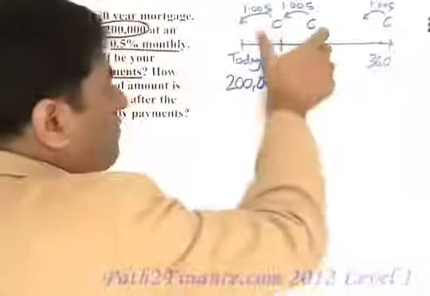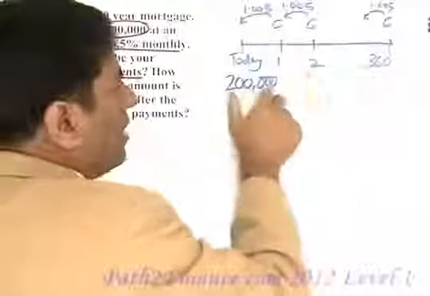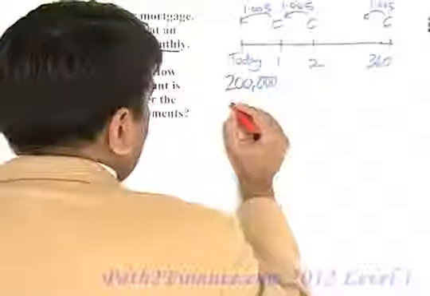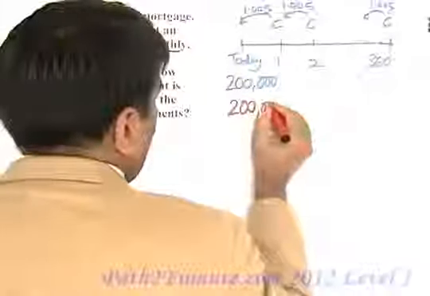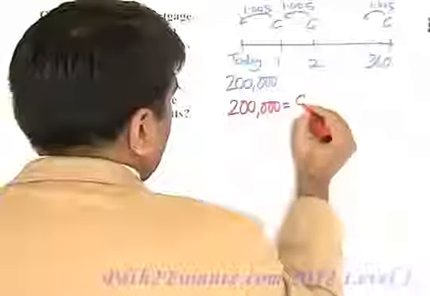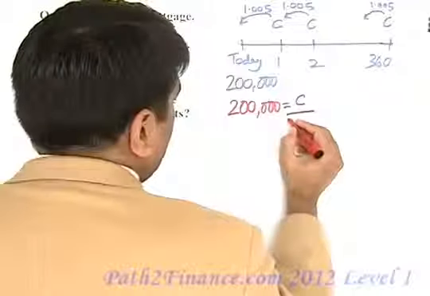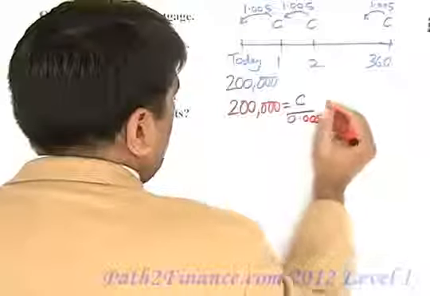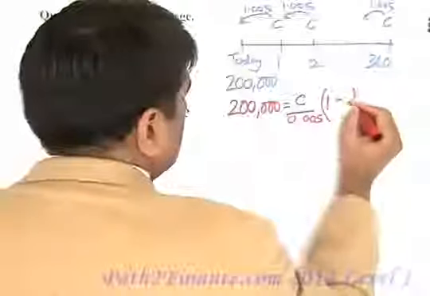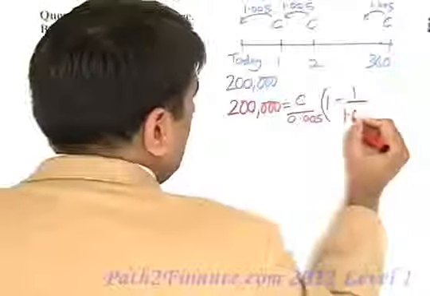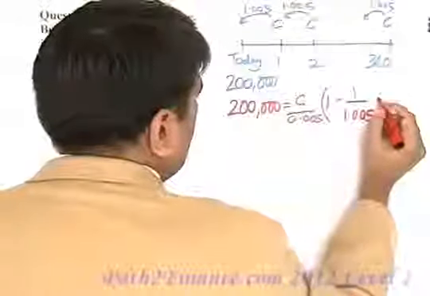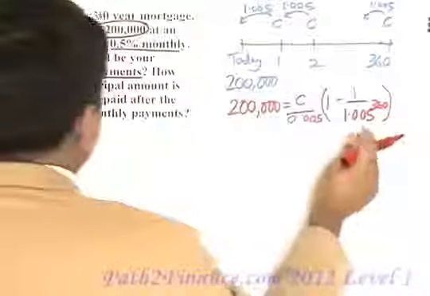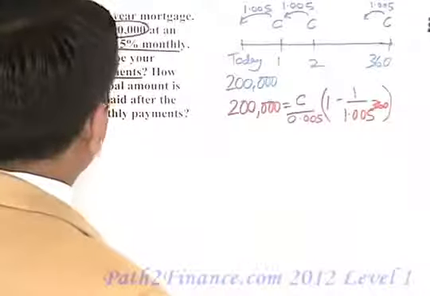So the equation we solved to find the monthly payments would be 200,000 equal to C divided by 0.005 times 1 minus 1 upon 1.005 to the power 360, there being 360 months in a 30-year mortgage.